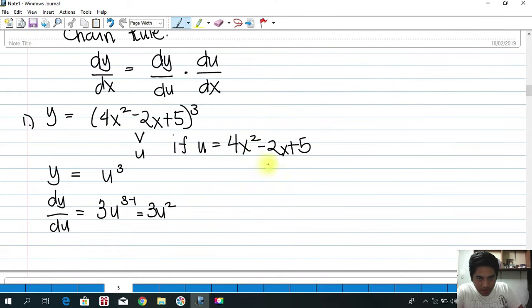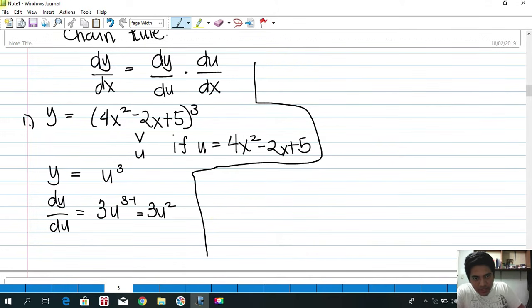So du over dx is simply, if we have this u, we're going to get the derivative of that, du over dx. In order to get the derivative, this is a power rule times a function or a constant.